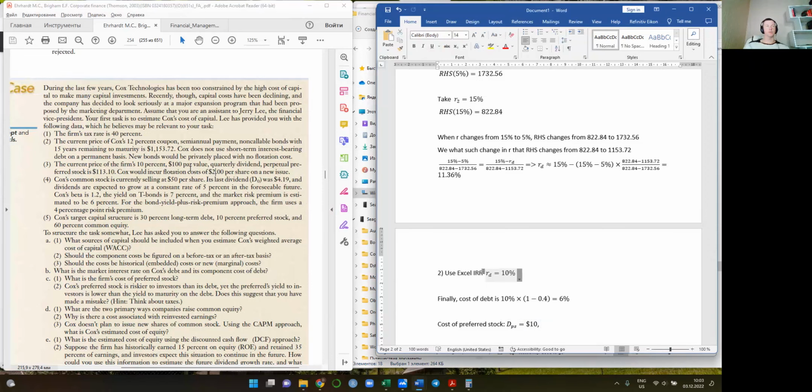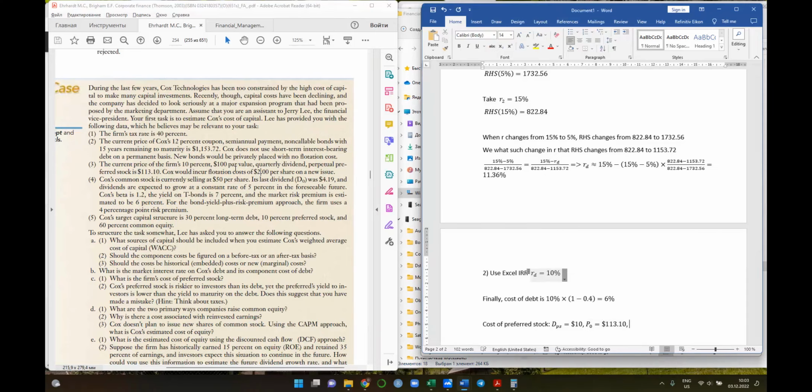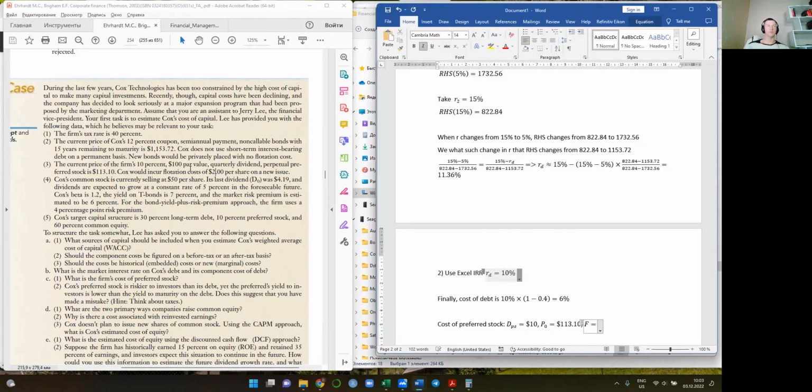It's a quarterly dividend perpetual preferred stock, so the quarterly dividend doesn't matter so much here again, and we know that P0, the price of this stock, is 113.10, and the flotation cost, let's call it F, is $2 per share.